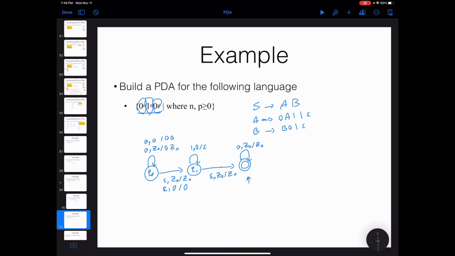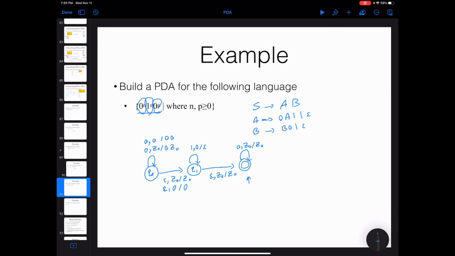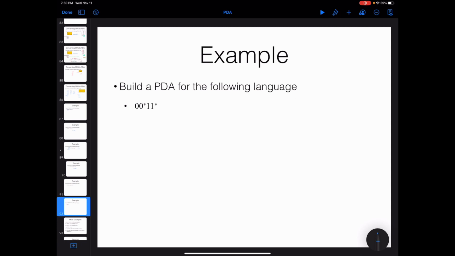So this is a pushdown automata that accepts by final state. I just designed it in this way because I wanted to give you the idea of how to think about an algorithm for your pushdown automata, not just converting the grammar to a pushdown automata that accepts by final state.